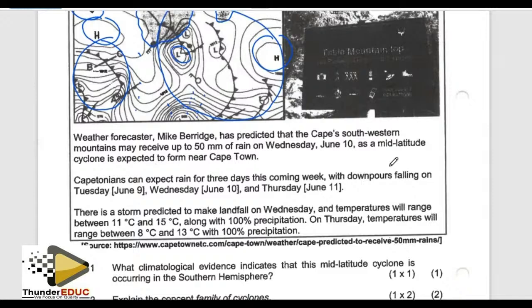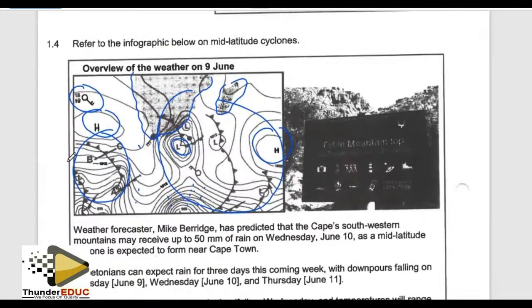1.4.1, it says, what climatological evidence indicates that this mid-latitude cyclone is occurring in the southern hemisphere? What do we look at to ensure that this mid-latitude cyclone is situated in the southern hemisphere? Firstly, we can look at the date.